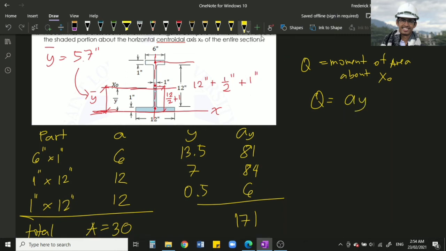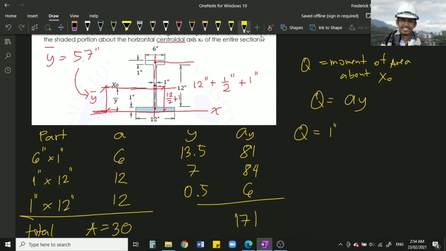So, we can divide our shaded part into two parts again. First is the vertical and this horizontal. Okay? So, therefore, that will be Q is equal to, so what is the area of our first? That will be 1 inch.